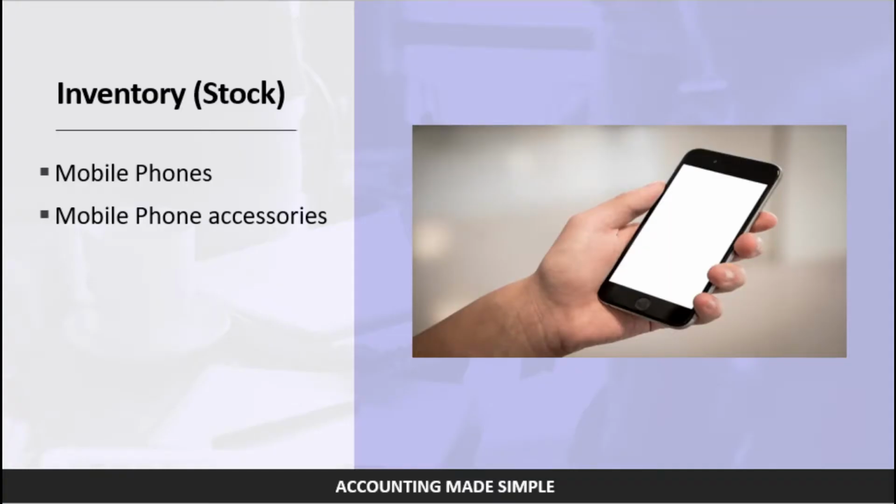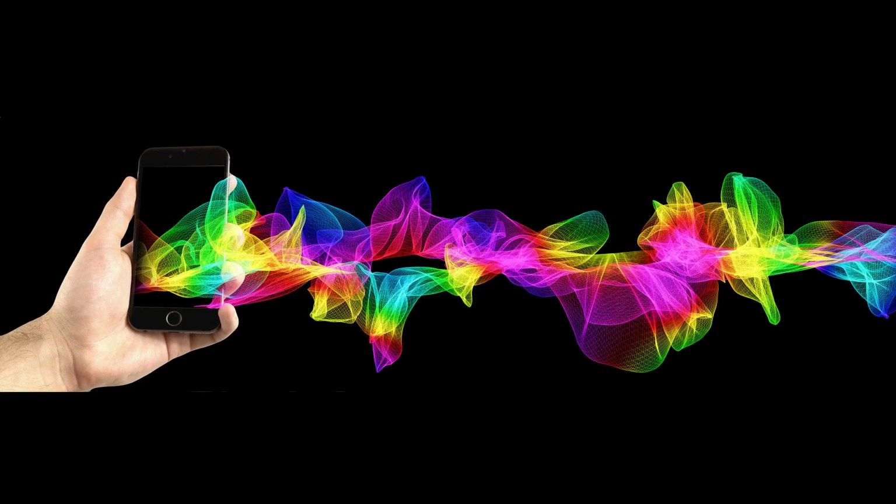Inventory or stock. In this example, we are introducing the concept of inventory. This is also known as stock. Inventory or stock are all the items we have in our shop to sell to customers. In this example, our inventory or stock is the mobile phones and mobile phone accessories that we purchased in order to sell them to customers.